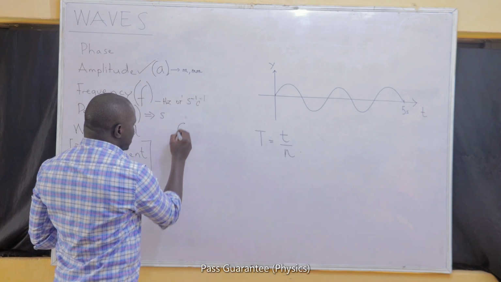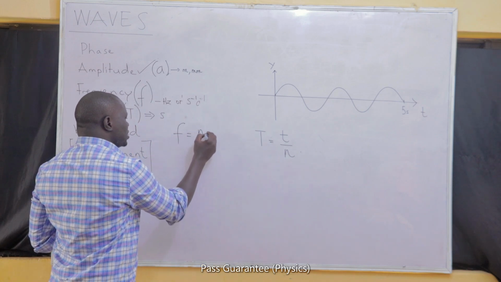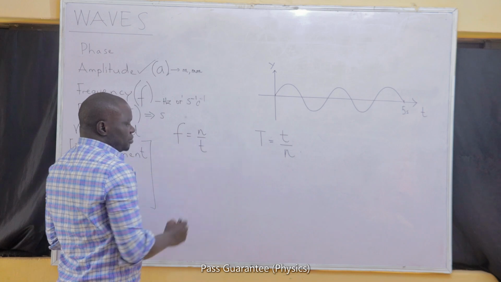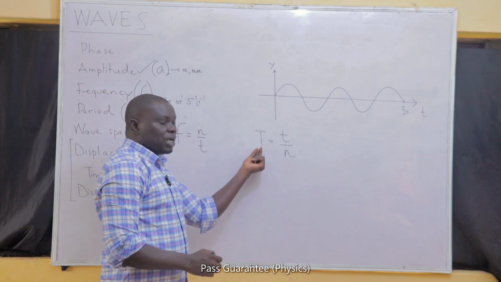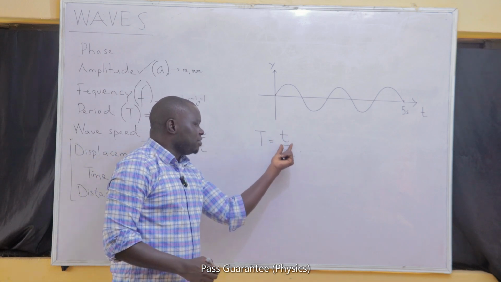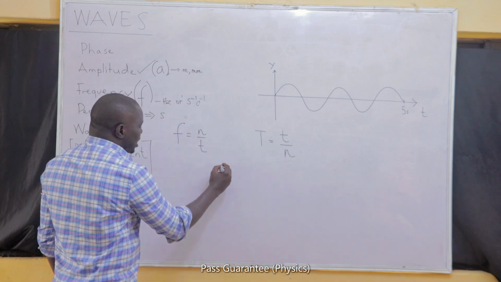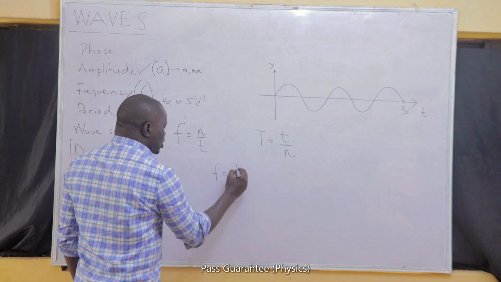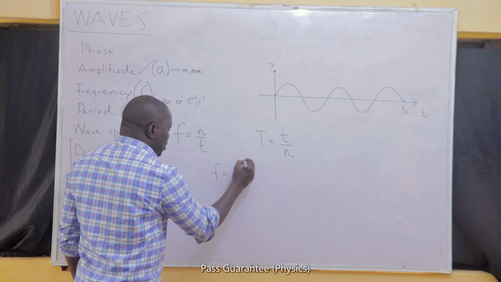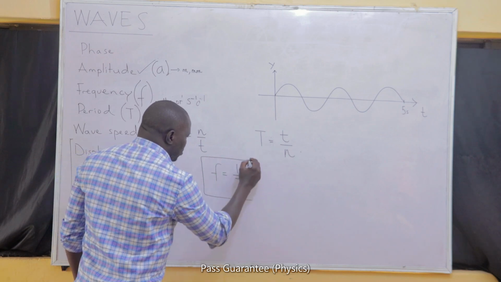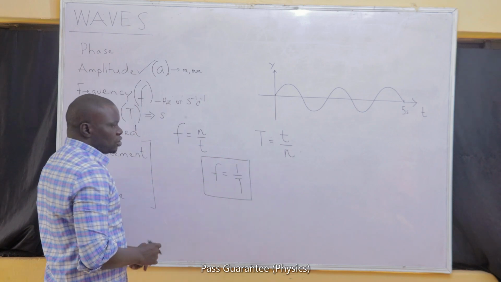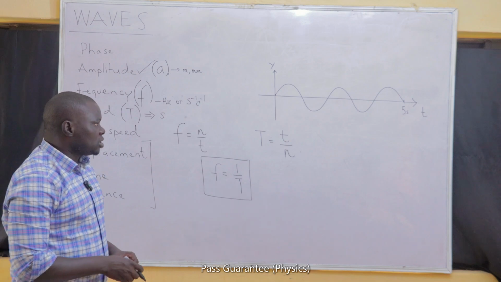Meanwhile, I said frequency is number of cycles all over time. The period now is the time divided by the number of cycles. When you check these two formulas, you will discover that the frequency is the reciprocal or the inverse of the period. And that is one very important formula that I want you to keep, because we are going to need it very well under this topic.